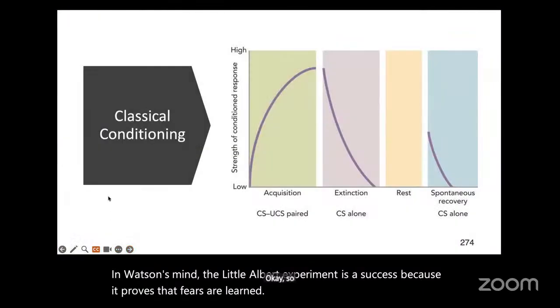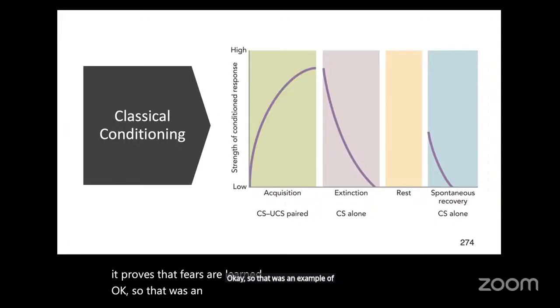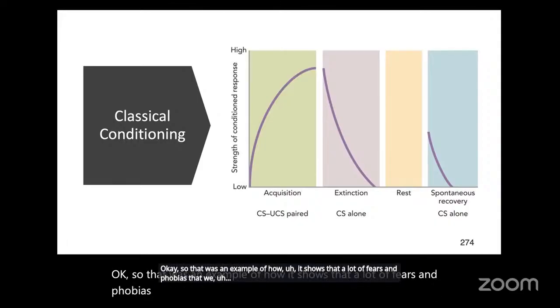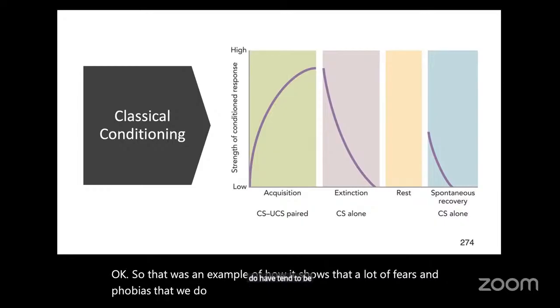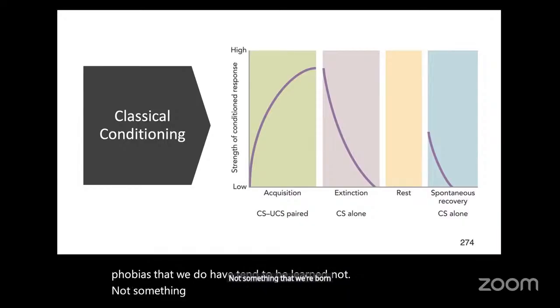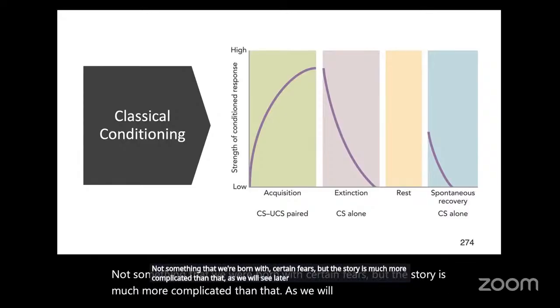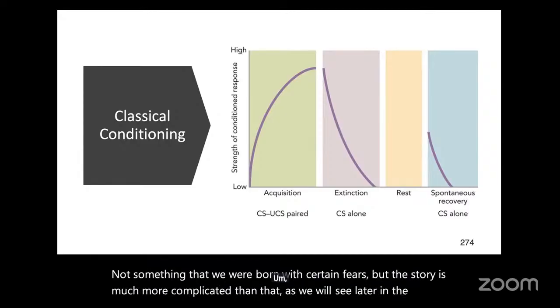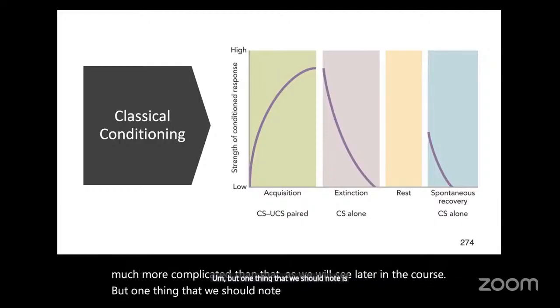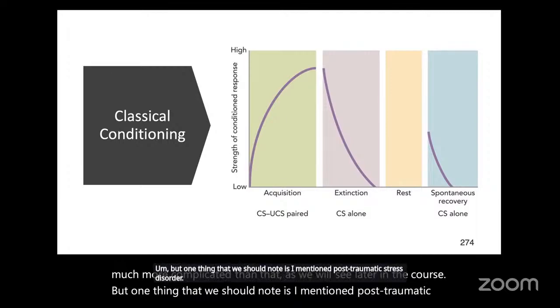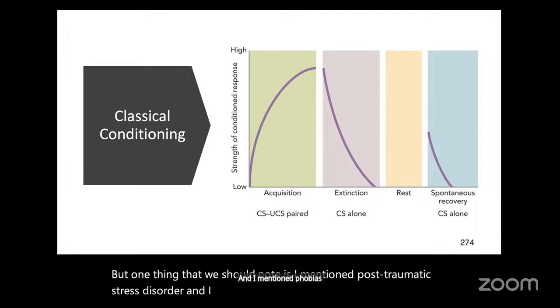Okay, so that was an example of how a lot of the fears and phobias that we have tend to be learned, not something that we're born with. But the story is much more complicated than that, as we will see later in the course. One thing we should note is I mentioned post-traumatic stress disorder, phobias and fears.